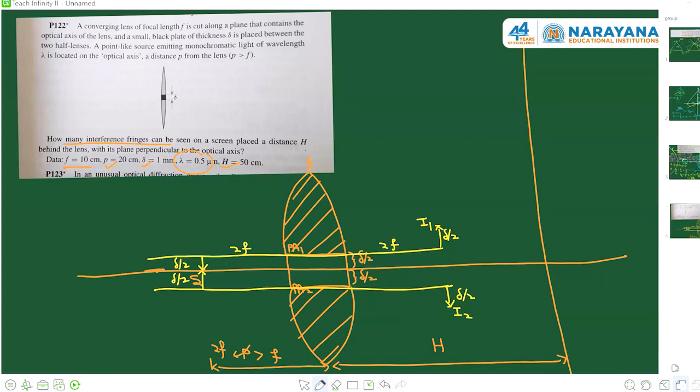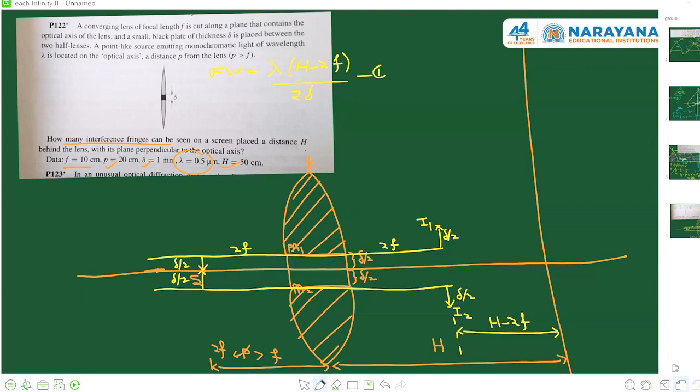Now, one thing that all of us understand, fine, if this is here, this distance is fine, like this was 2f. So H minus 2f. So somebody can say that when you observe the pattern on the screen, your fringe width is lambda into that distance, H minus 2f, upon this distance between the two images, and that I suppose is 2 delta.